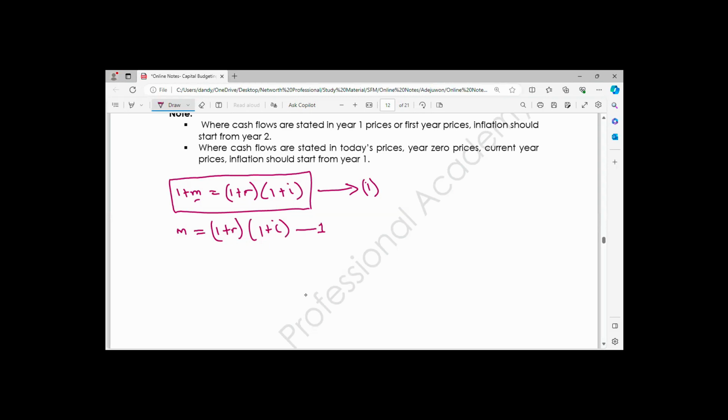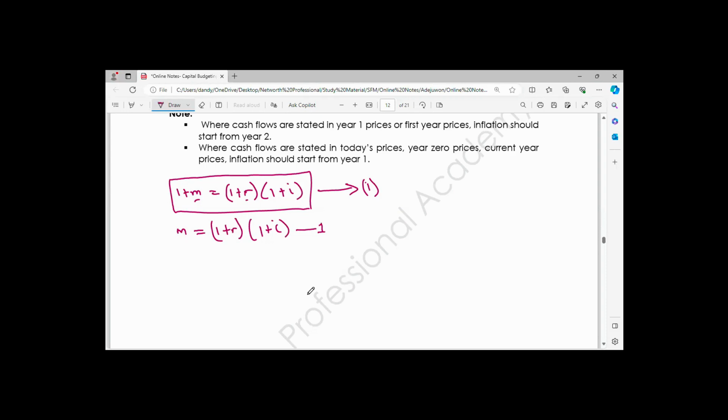Again, if you are given money cost of capital and you want to calculate real cost of capital, that is, you want to make R the subject of the formula. From this first formula, you will see that 1 plus R is multiplied by 1 plus I. What that means is that I cannot leave any of those two.